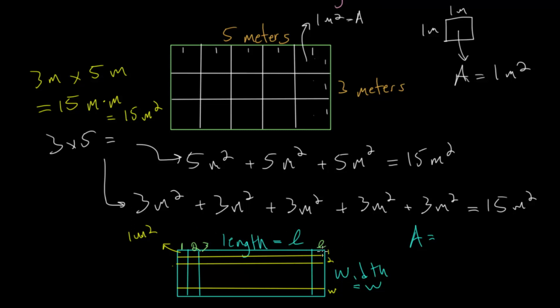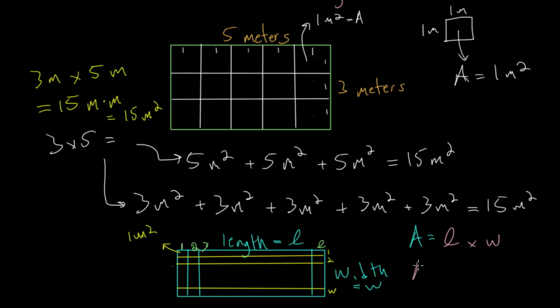And we want to think that we just have W rows. So just like we did here, where we had 5 of them in the first row and we had 3 rows, we would add 5 3 times. So in this case, we would add L W times. And adding L W times is the same thing as just multiplying L by W.